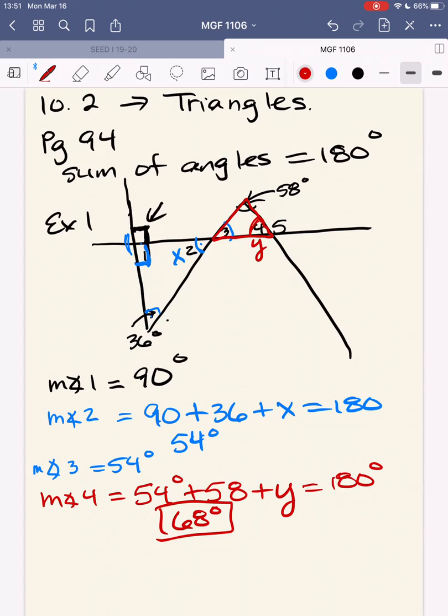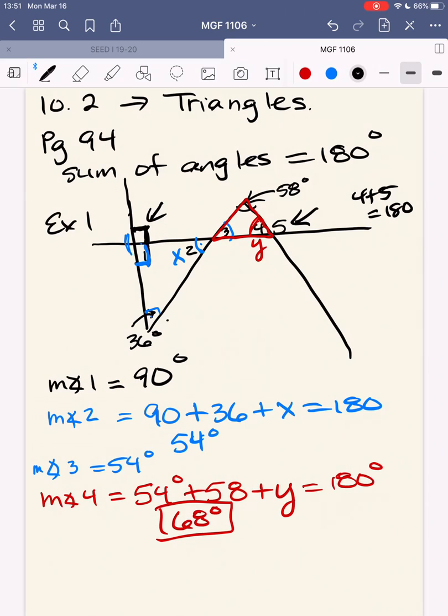Now all I have to do is find angle 5. I know that the sum of angles 4 and 5 needs to be equal to 180. That's my rule for angles.